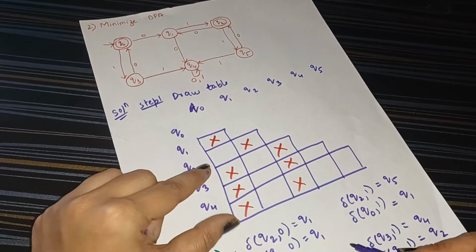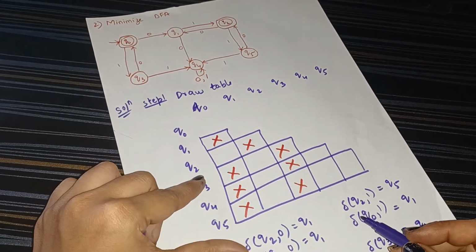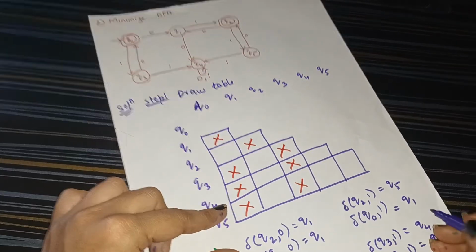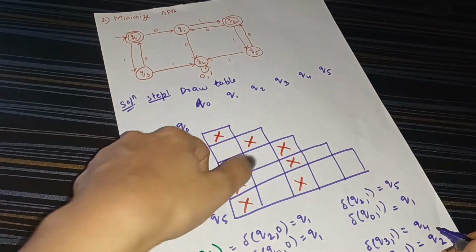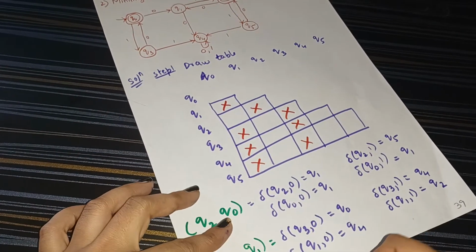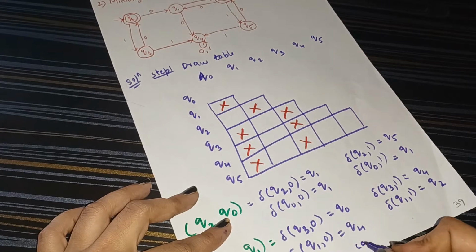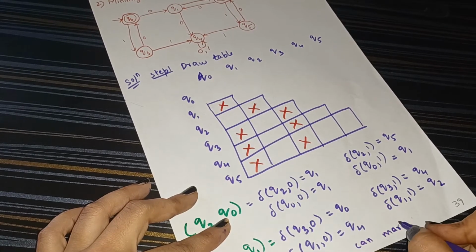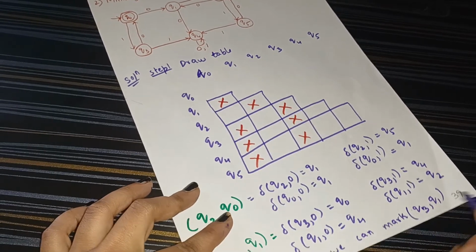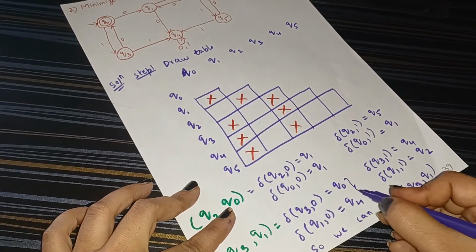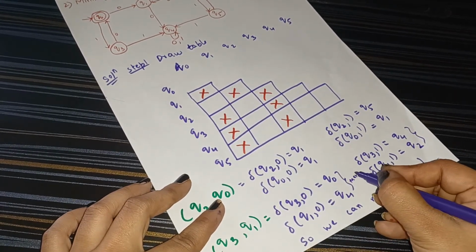We have to check: Q0, Q4 is marked, and Q4, Q2 is also marked. So we can mark Q3, Q1, since both pairs are already marked.